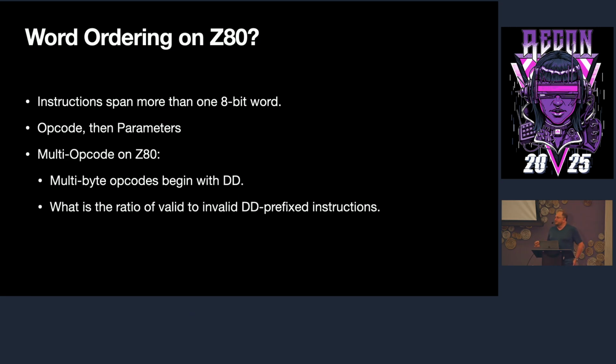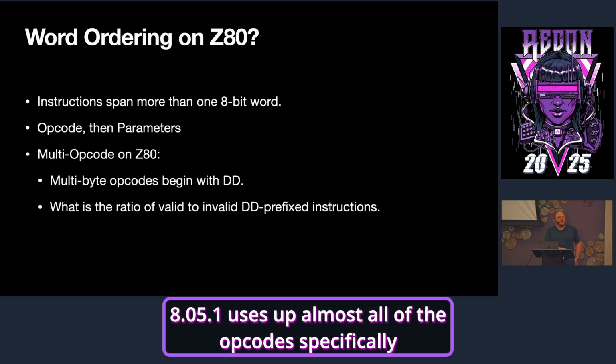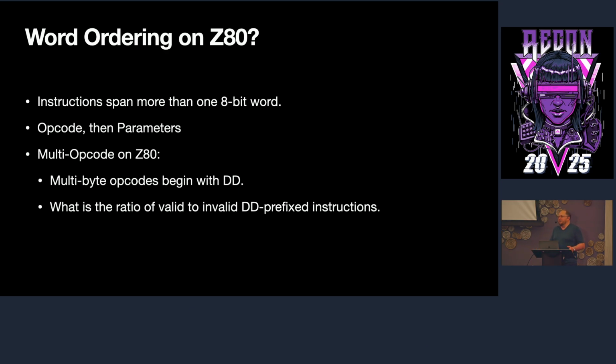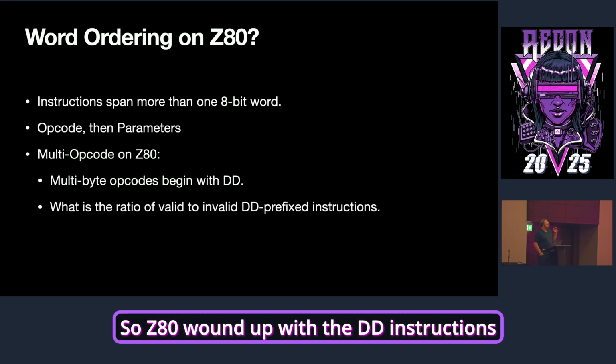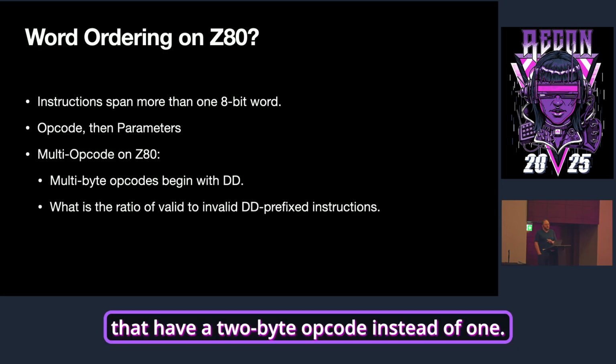Sometimes you run out. 8051 uses up almost all of the opcodes specifically to prevent feature creep. Z80 wasn't smart enough to do that, so Z80 wound up with the DD instructions that have a 2-byte opcode instead of 1.